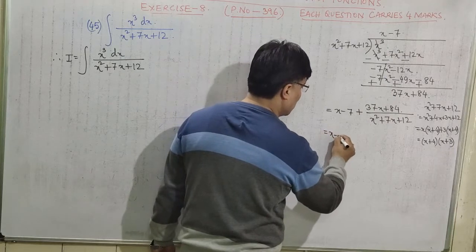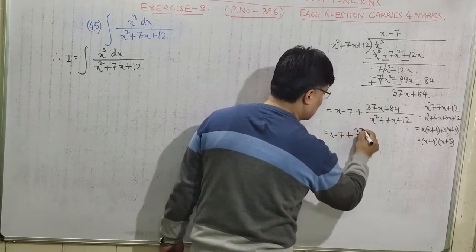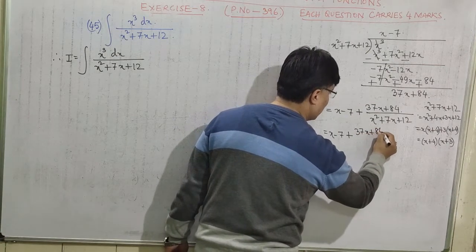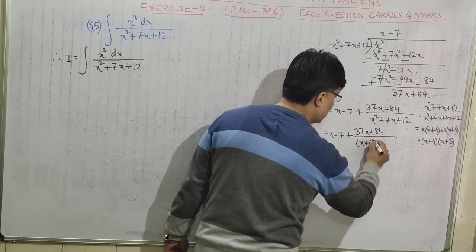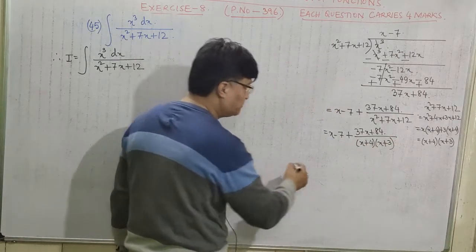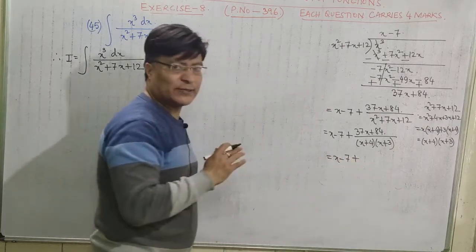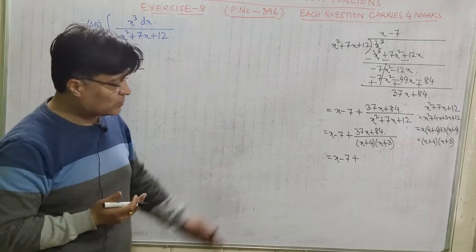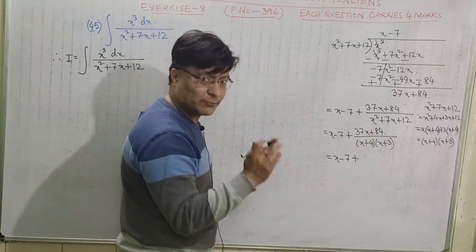So this is equal to x minus 7 plus 37x plus 84 divided by x plus 4 into x plus 3. Is that clear? And this x minus 7 is the quotient, so it remains as it is, and this fraction can be changed into partial fractions as before.